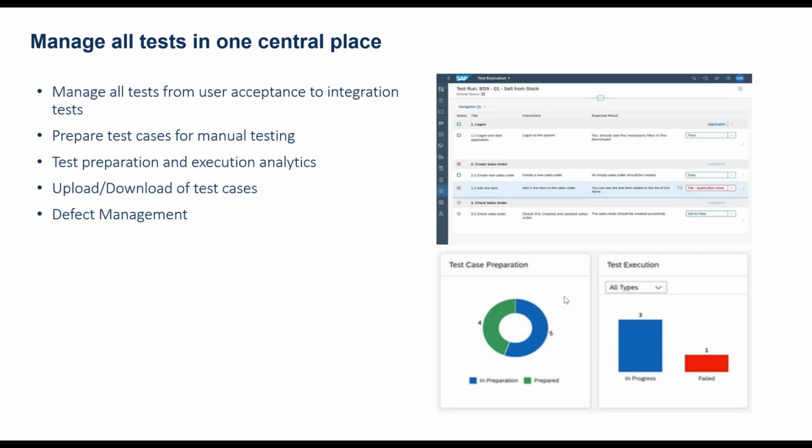Now, as you get into build, into mid-build, or let's say if you have a testing phase somewhere in between, primarily we'll talk about, let's say, if you are in integrated testing or in integration testing, for example. In this case, within Cloud ALM, you'll be able to take the best practices test cases and import them directly within Cloud ALM.